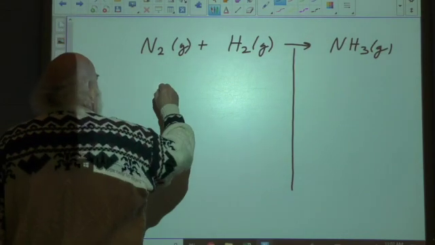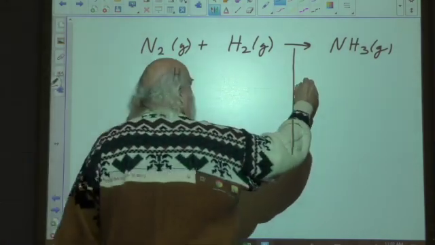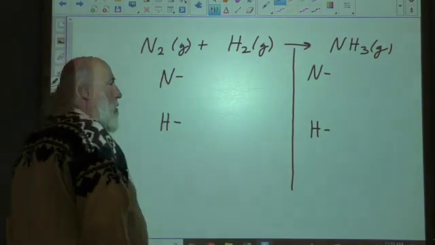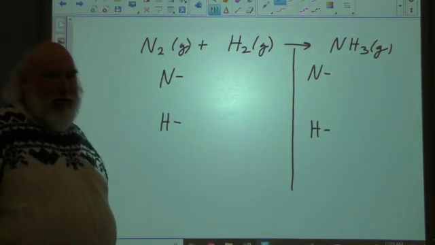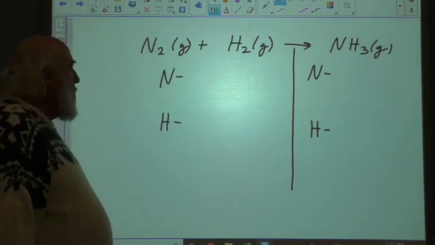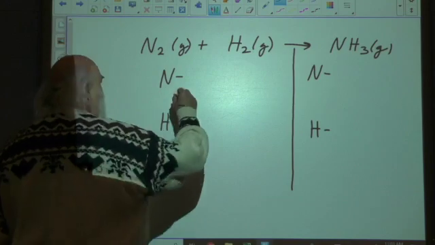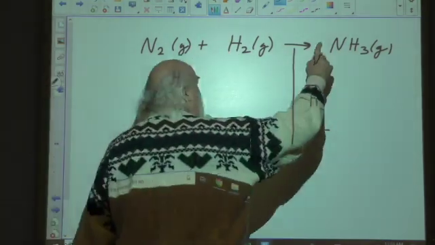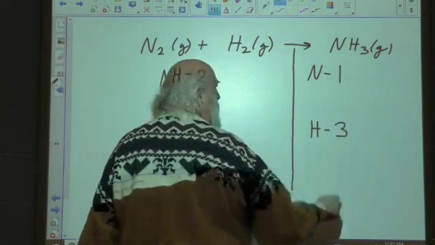And we write down each element, nitrogen and hydrogen. So we have the identical elements on both sides. Then we write down how many we have. So we have 2 nitrogens here, 2 hydrogens here, 1 nitrogen here, and 3 hydrogens here.